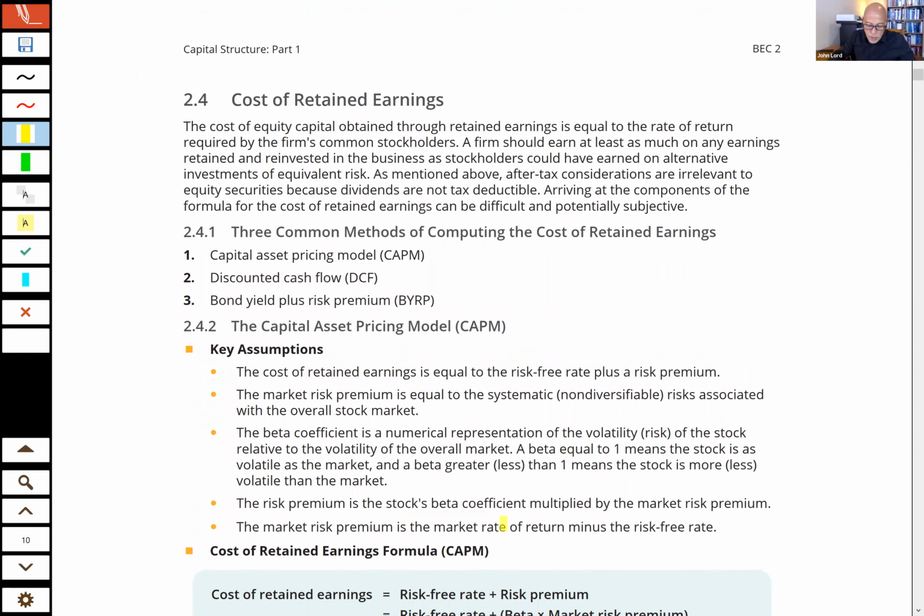Okay, so we've seen the debt, we've seen the preferred stock. Let's deal with the E, the cost of equity, I should say. For the cost of equity, we're really going to be looking at, well, look, what is the cost of using the retained earnings of the company for reinvestment in some sort of capital investment? Because the alternative is, hey, if you're not going to reinvest the retained earnings, pay me a dividend.